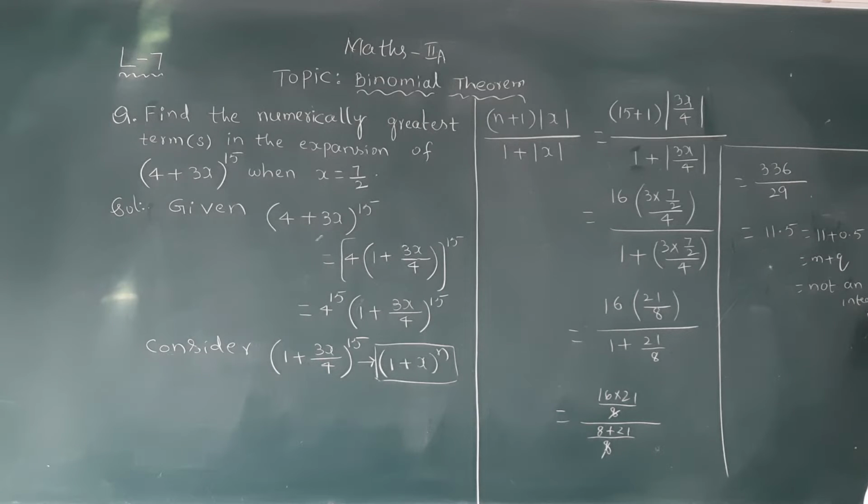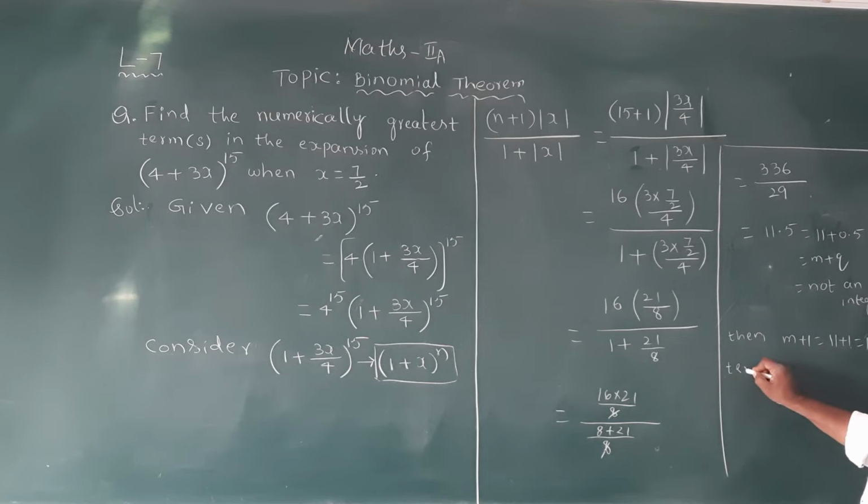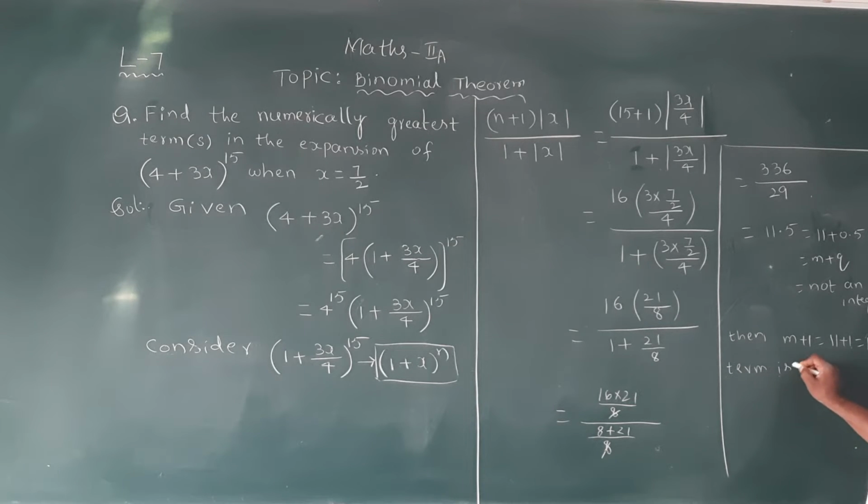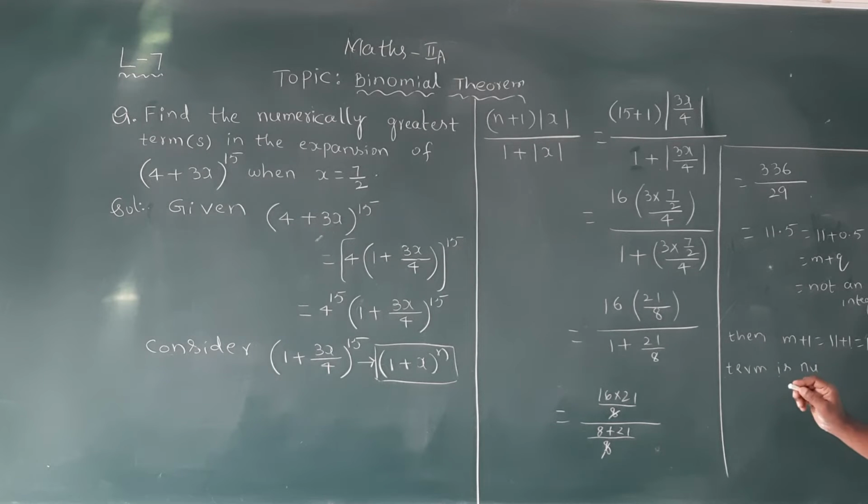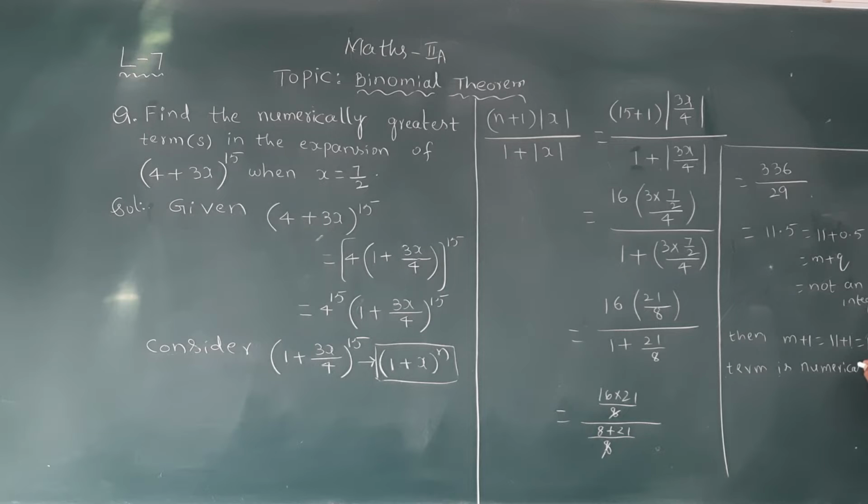Then what is the numerically greatest term? Then m plus 1 equal to how much? m is 11, plus 1. The 12th term is the numerically greatest term.